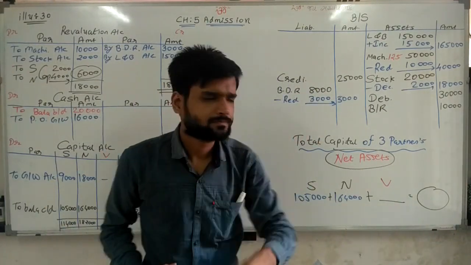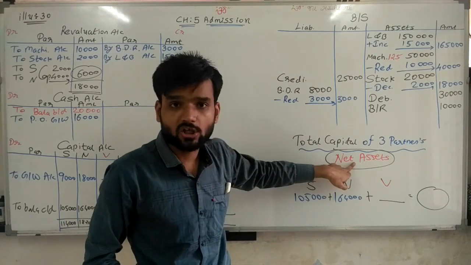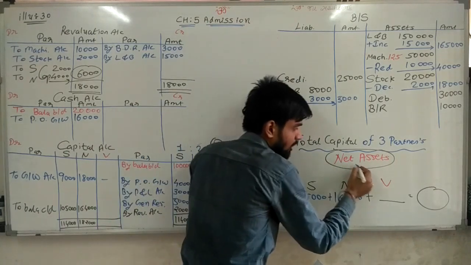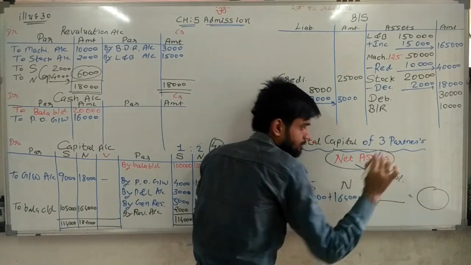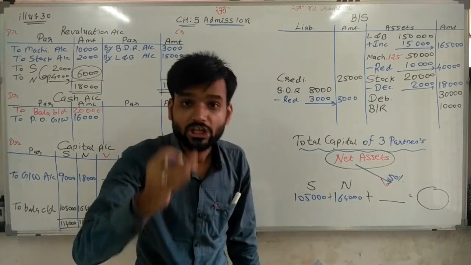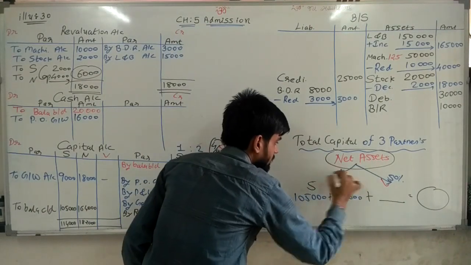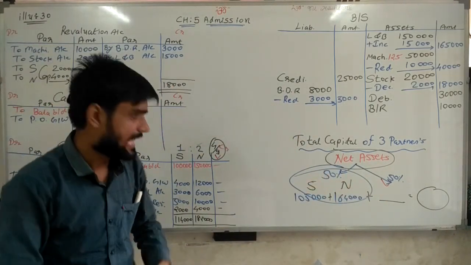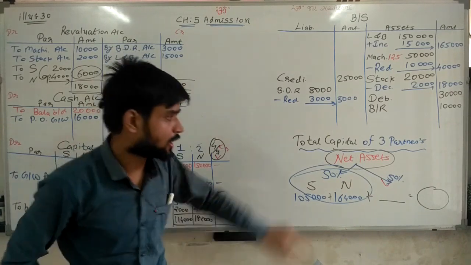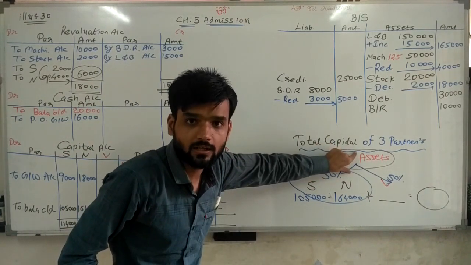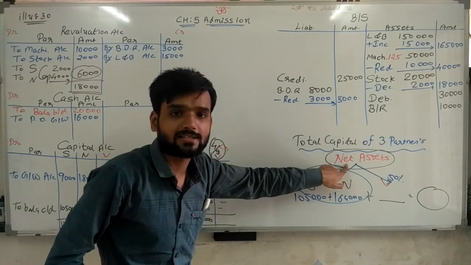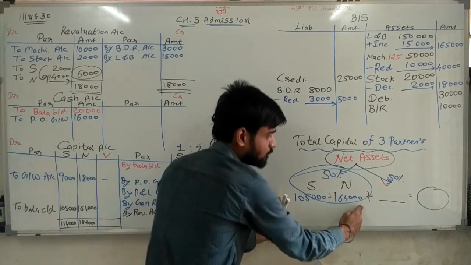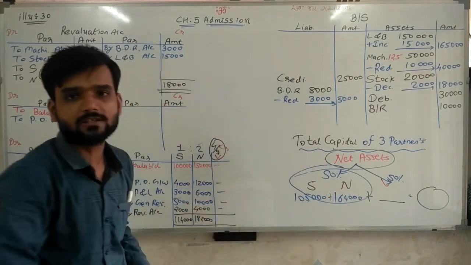Now think what is given: 50% of net asset is brought by V. It means the remaining 50% is S and N's capital, because from the total net asset, 50% is of V. It means the remaining amount is also 50%.